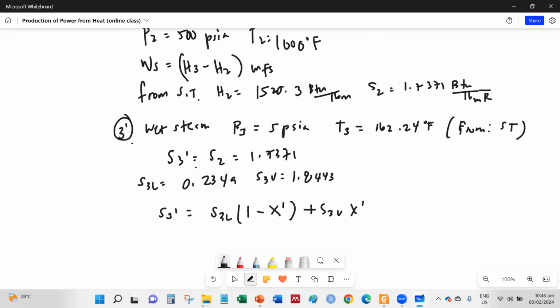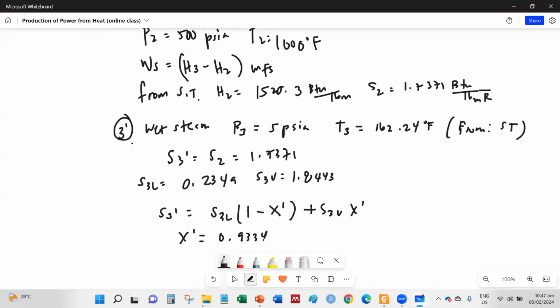So just substitute the values of S3 prime, S3L, and solve for X prime. Okay, X prime is 0.9334. That's the quality at H3 prime.